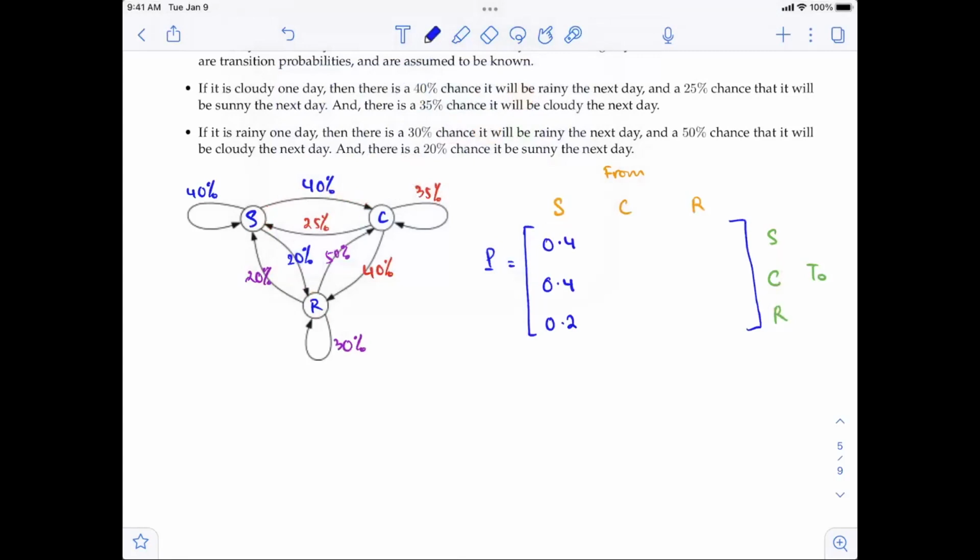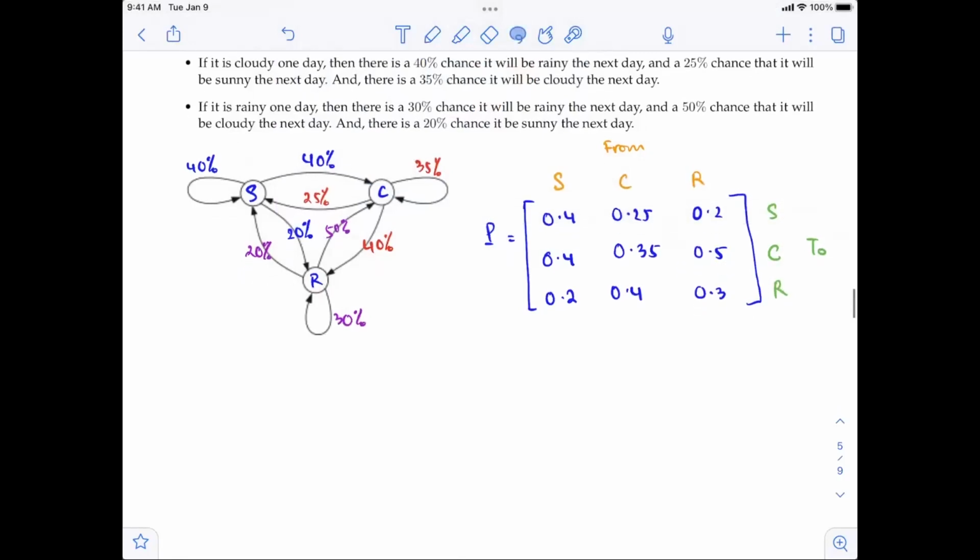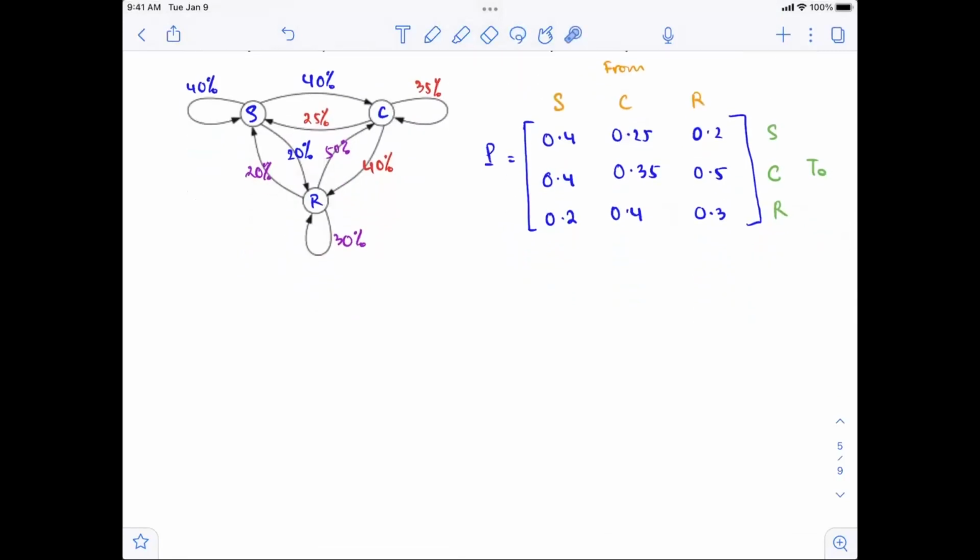You analyze like that, the information is given to you, and you now put the information in this stochastic matrix. Right? So I'm going to fill out the rest of the matrix. So this is 0.25, this is 0.35, this is 0.4, this is 0.2, 0.5, and 0.3. Okay. Now, again, you may want to double check the sum of each column and make sure that it adds up to be 1. Okay.